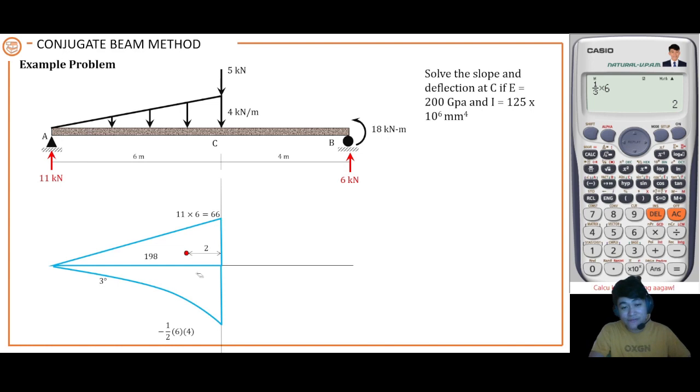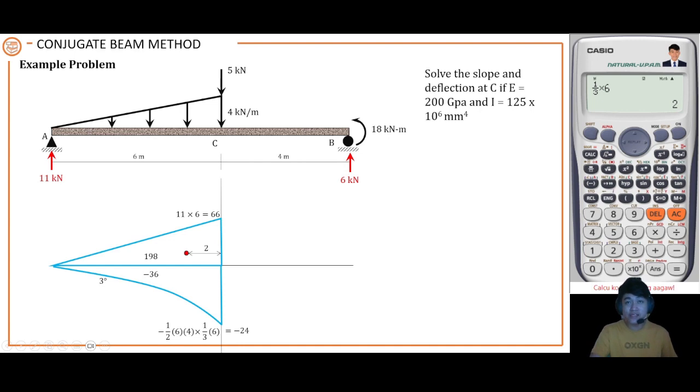So that is 1/2 of 4 times 6, and then the distance is 1/3 of 6, and that is equal to 24. I just put negative 24 here because the area of this third degree spandrel is a negative area. Now for the area, that is negative 36.